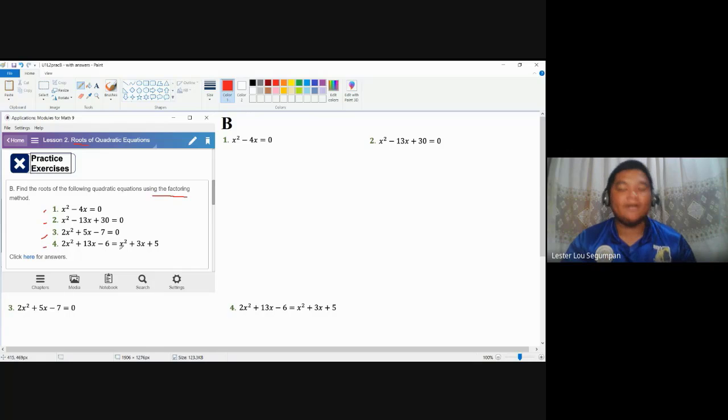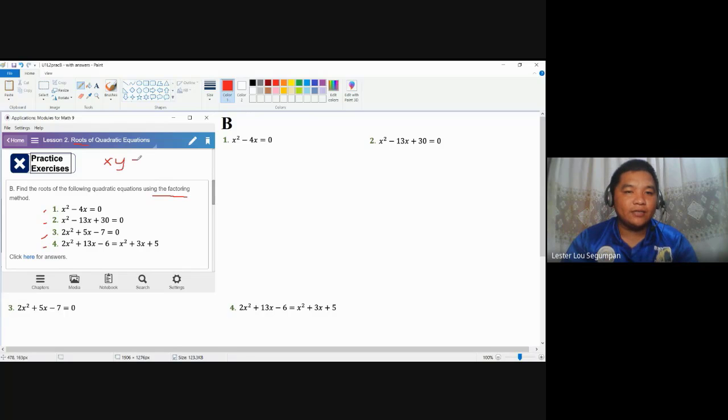At the same time, none of the expressions here are expressed as the square of a binomial, so we cannot just use the square roots method here. So we are going to use the factoring method as one of the options, because it follows this consideration.